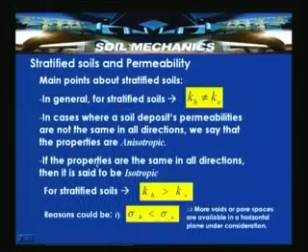For example, if you are considering flow in 3 directions, say permeability in the x direction, y direction and z direction, and the permeability is not the same in all the directions, say Kx is not equivalent to Ky is not equivalent to Kz, then we will say that it is an anisotropic condition. So, where soil deposit permeabilities are not the same in all directions, we say that the properties are anisotropic. If the properties are the same in all directions, then it is said to be isotropic from the permeability point of view.